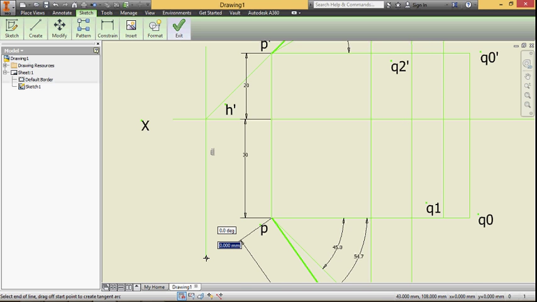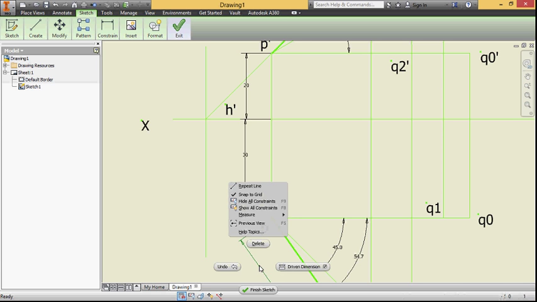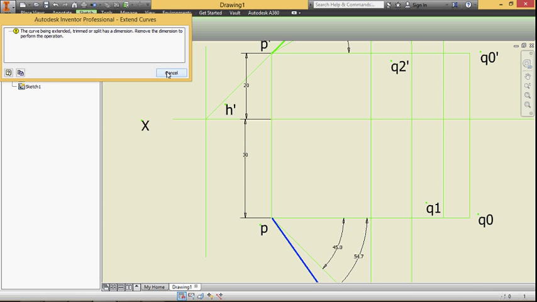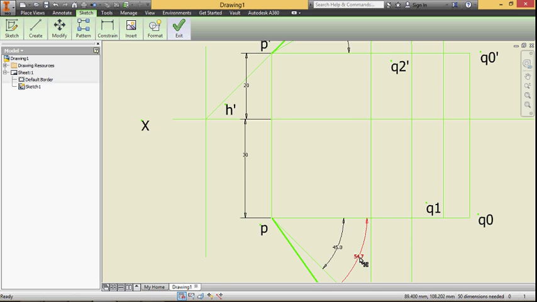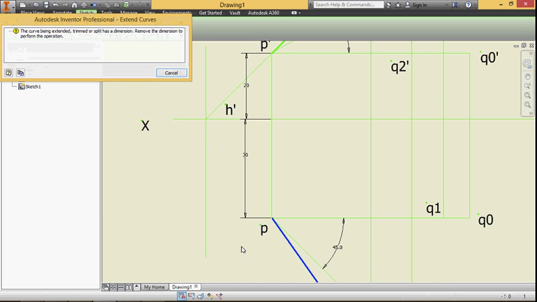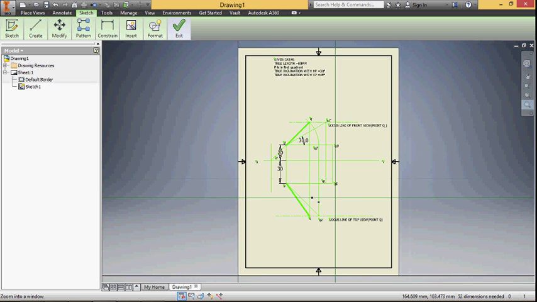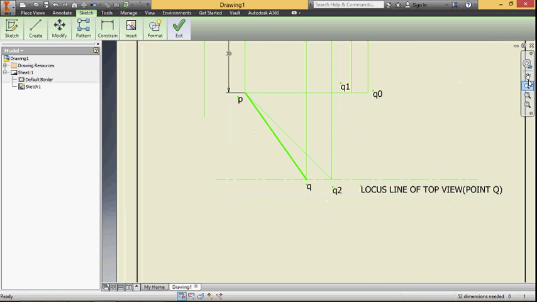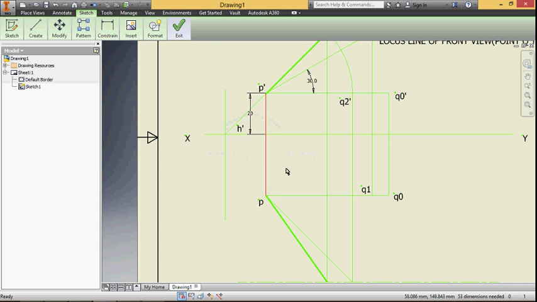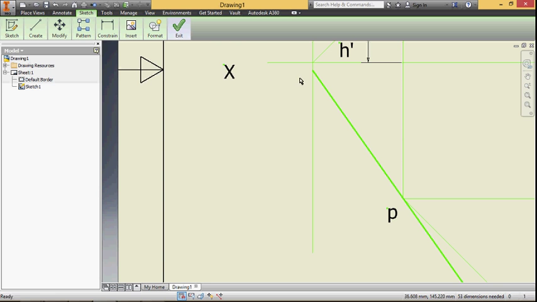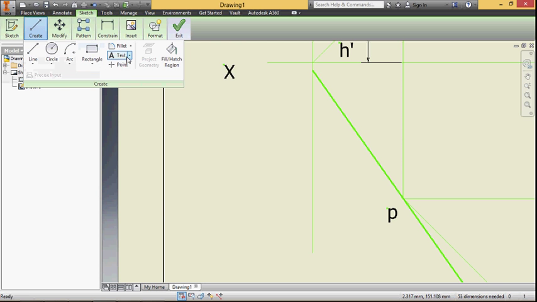Then extend the top view such that it will intersect the perpendicular line. That point is called the horizontal trace.